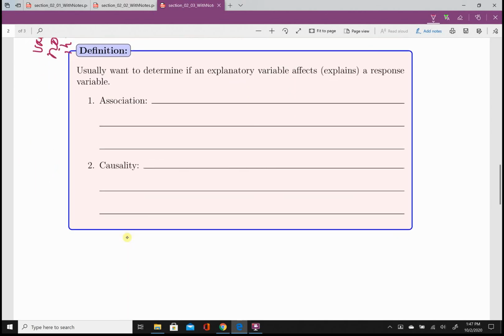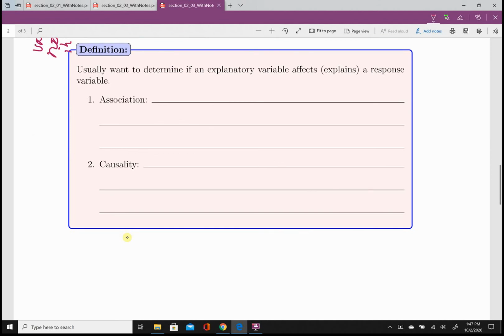Let's go ahead and define a couple of other terms: association and causality. So an association between explanatory and response variables can happen if the response variable changes as the explanatory variable changes.